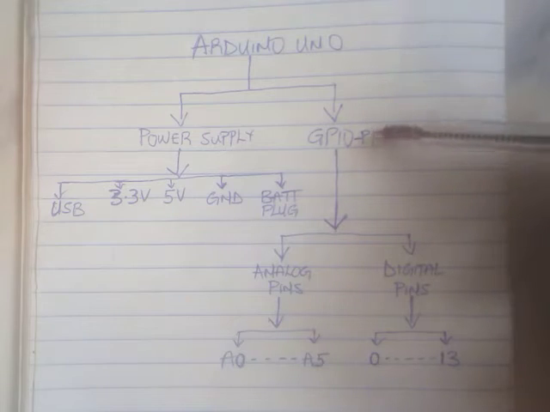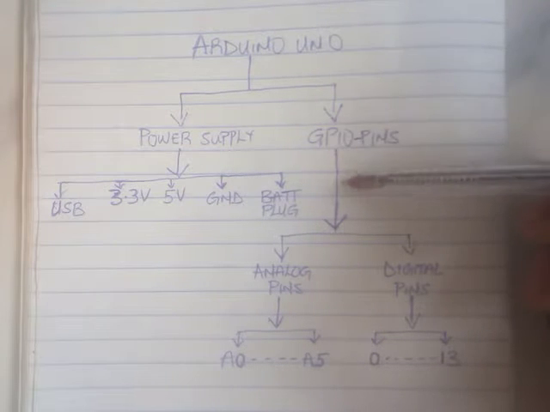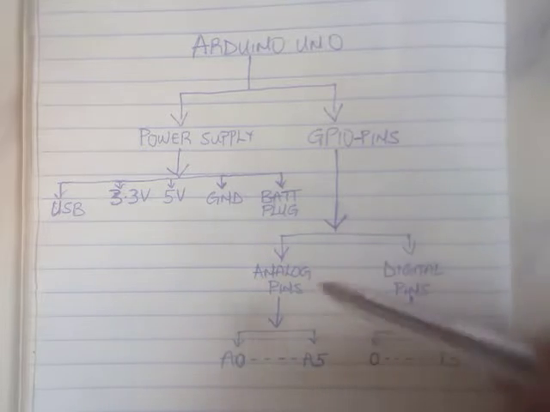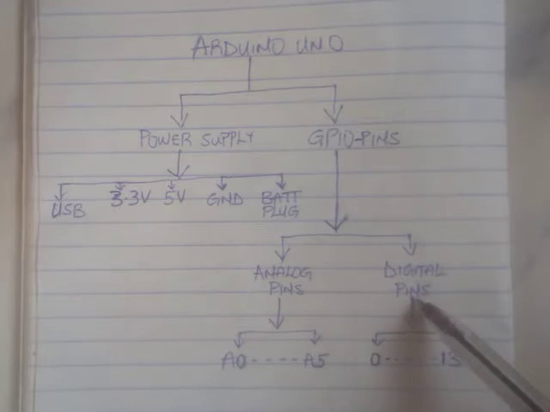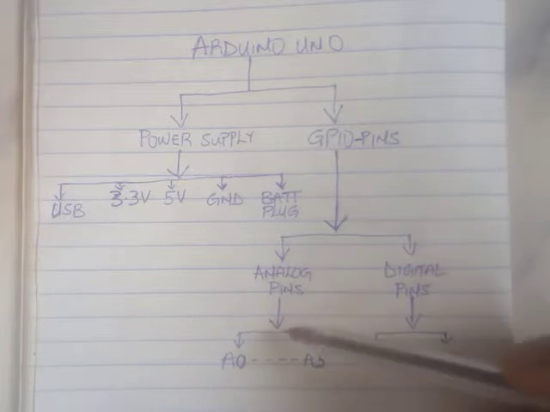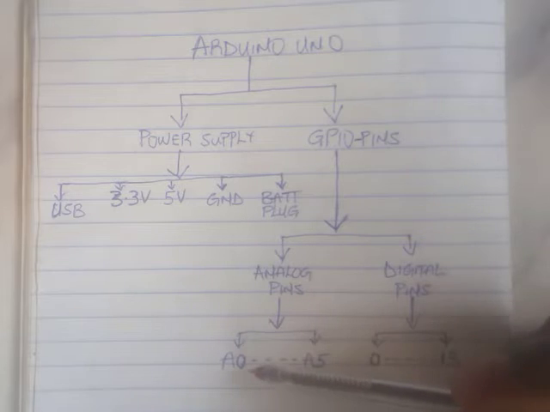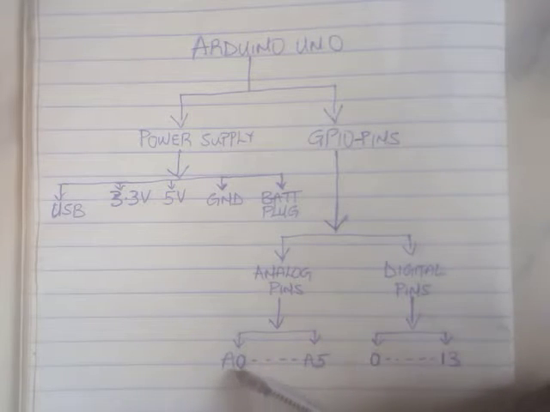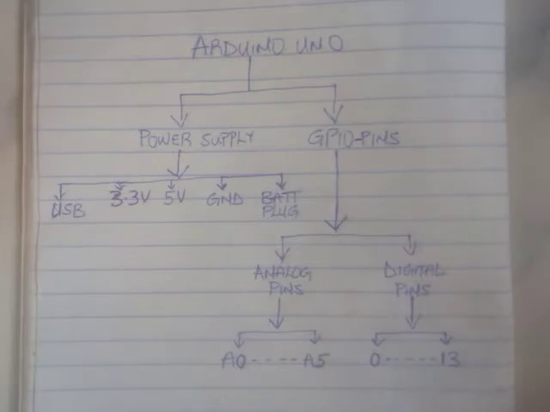And for the GPIO pin part, it is divided into the analog pins and the digital pins, right? The analog pins are made up of 6 pins, counting from A0 to A5, so we have A0, A1, A2, A3, A4, A5, which is 6 analog pins, and then the digital pins are 14 pins, counting from pin 0 to pin 13.